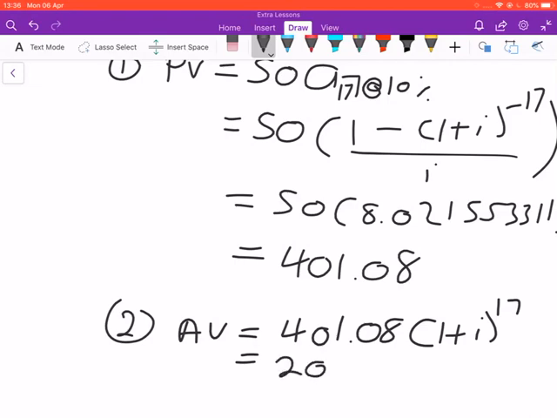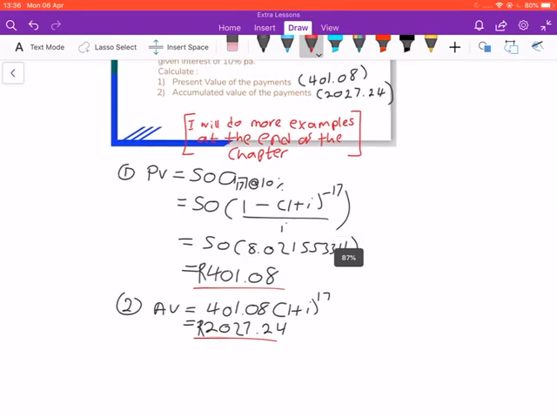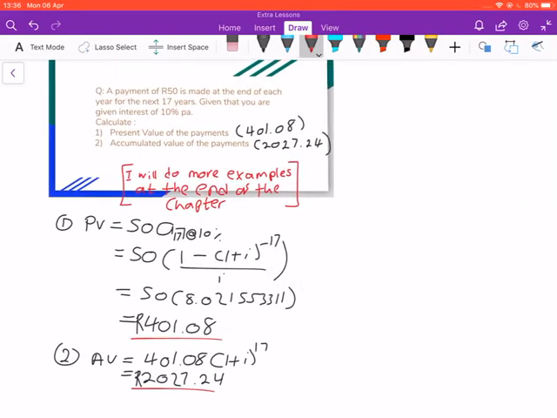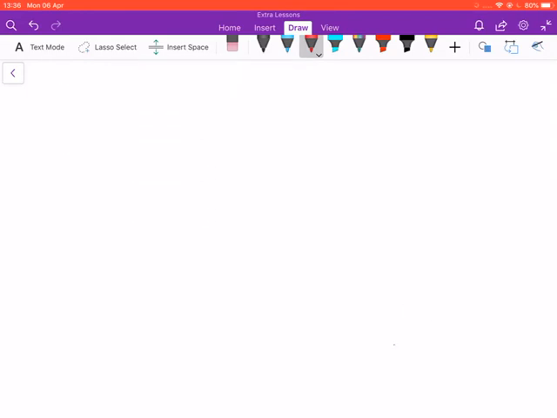That will be 2027.24. All these are in rand, the current rand. As you can see, these payments are equal. So let me know in the description if you find the same answer or if you have a correction.